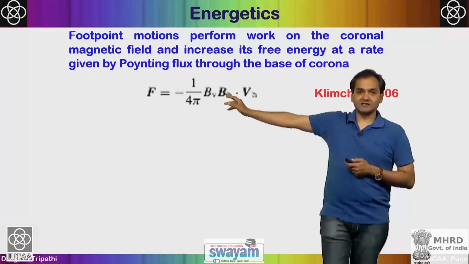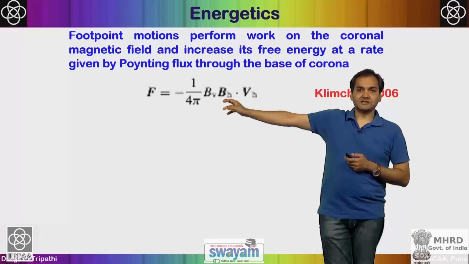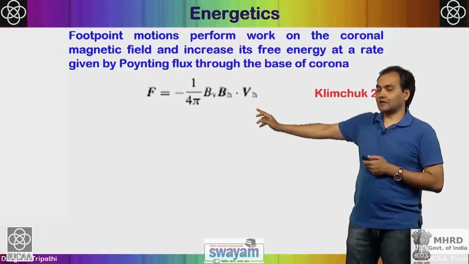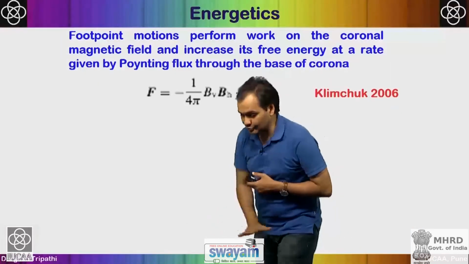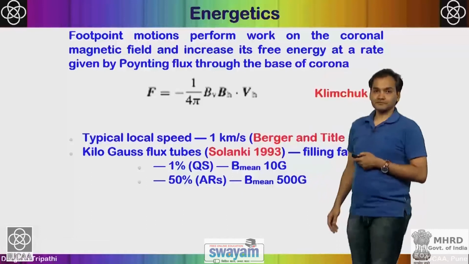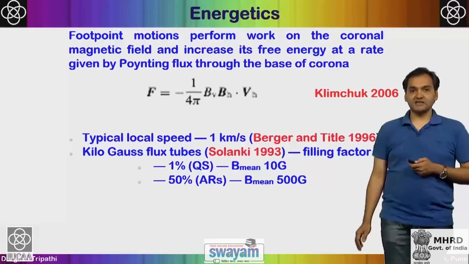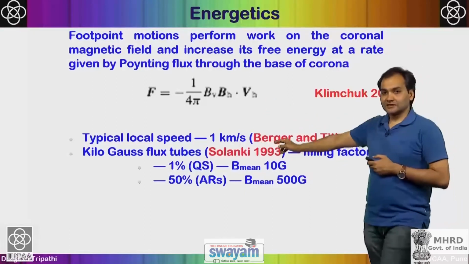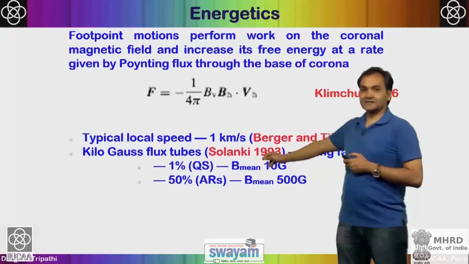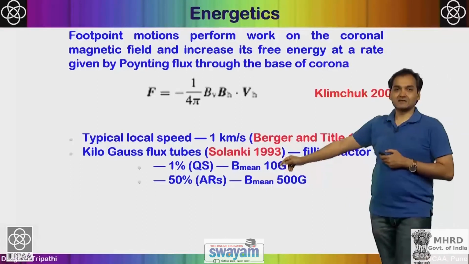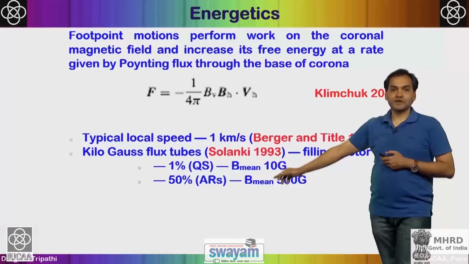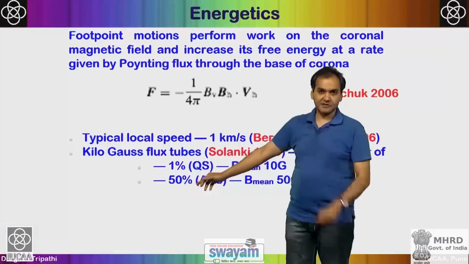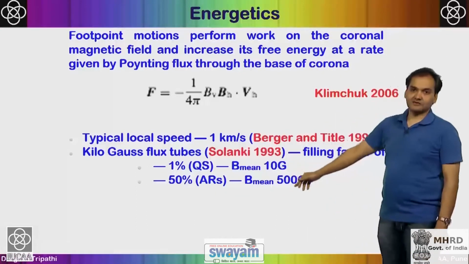The Poynting flux can be written as F = B_V · V_H · B_H, involving the vertical field, the horizontal field, and the horizontal velocity field, because that is what is moving the field around. Now, the typical local speed, V_H, is about 1 kilometer per second, and we know that there are kilogauss flux tubes. In the quiet Sun, the filling factor is about 1% and the mean field is around 10 Gauss, but in the active region the filling factor is about 50% and the mean B is around 500 Gauss.